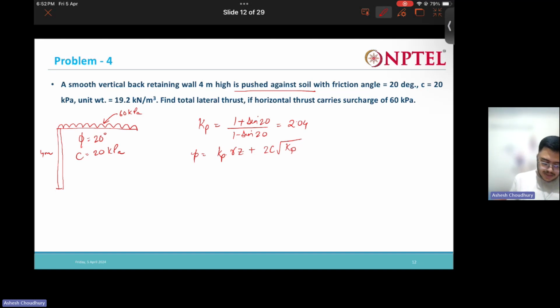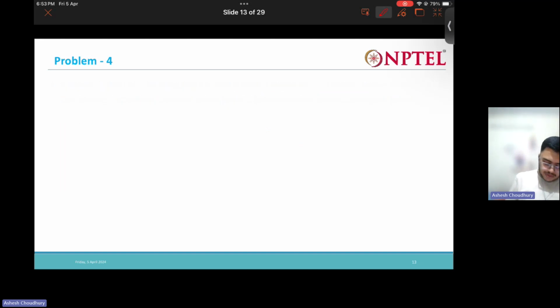Okay, so this is the expression, right? So now let us do the first thing that will come into the picture, which is due to the surcharge. With the surcharge you will have this, 60 into Kp.